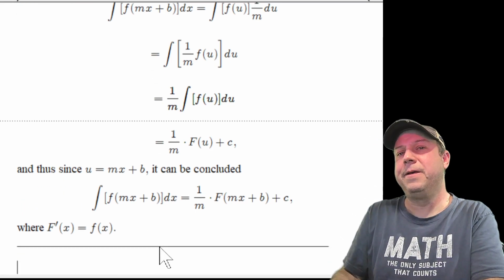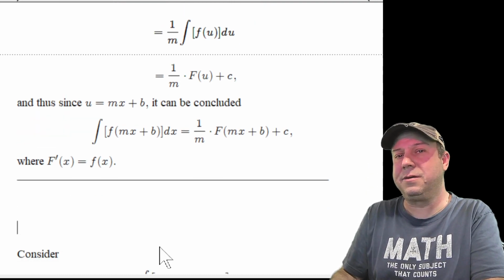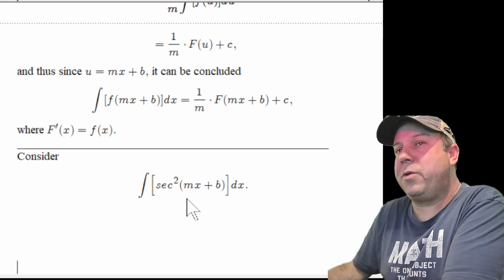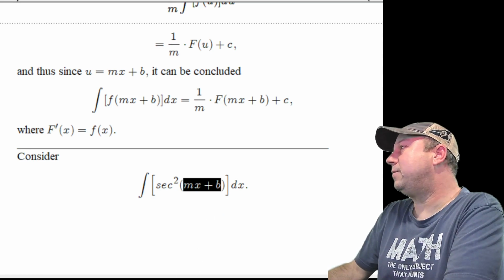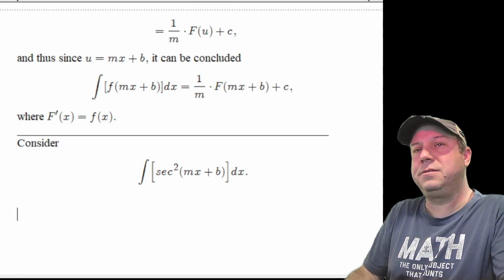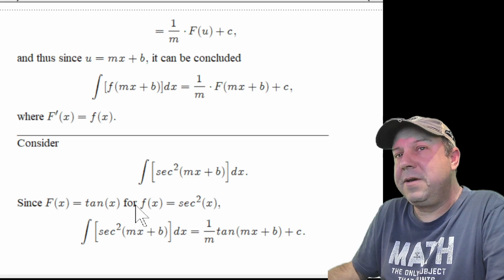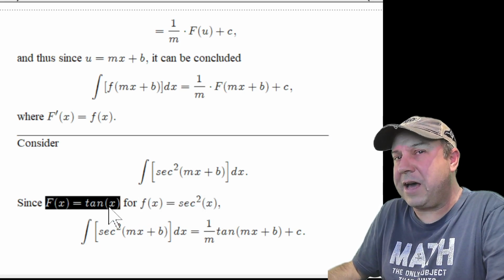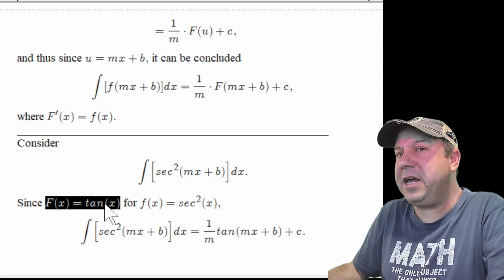All right. And we can see that in an example here. Consider the secant squared of the linear function mx plus b. What the rule above said, well, if we notice, for the function little f of x equal to the secant squared of x, the antiderivative is going to be the tangent of x.